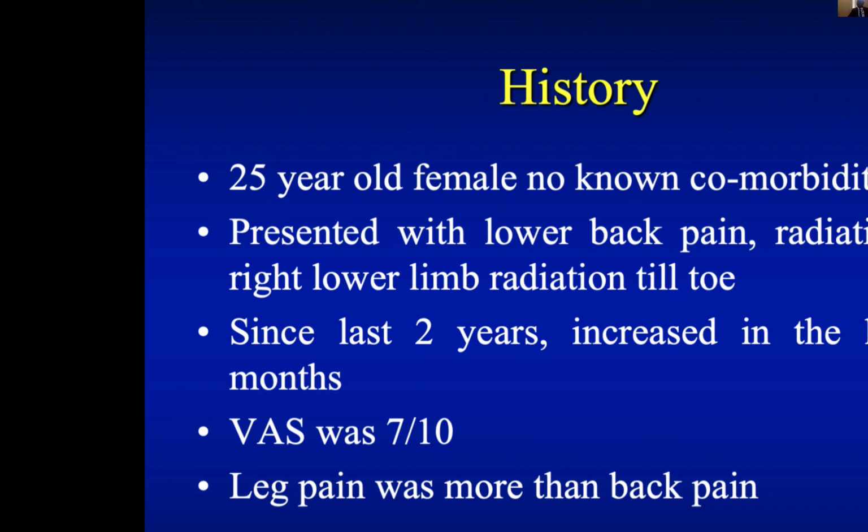The pain has been continuous for the last 2 years, increased in the last 2 months. VAS overall is 7 up to 10, and leg pain was more than back pain.